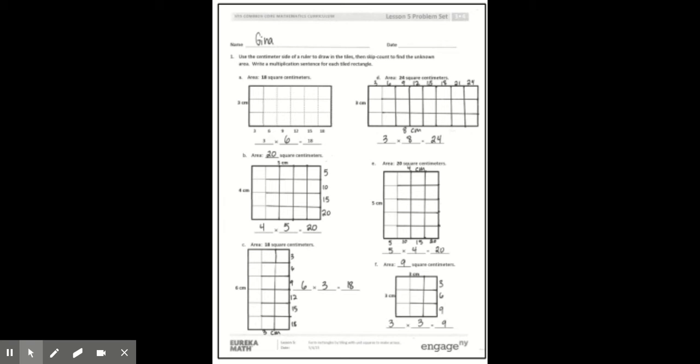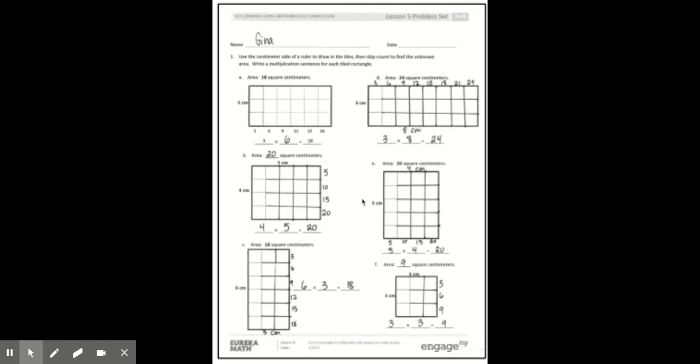If we go down to the next one, problem set B, we know that one side length is 5 and the other is 4, so 4 times 5. And up here, you're going to write your square inches, and that's going to be 20. We could count by fives 4 times, 5, 10, 15, 20, after you've drawn that in.